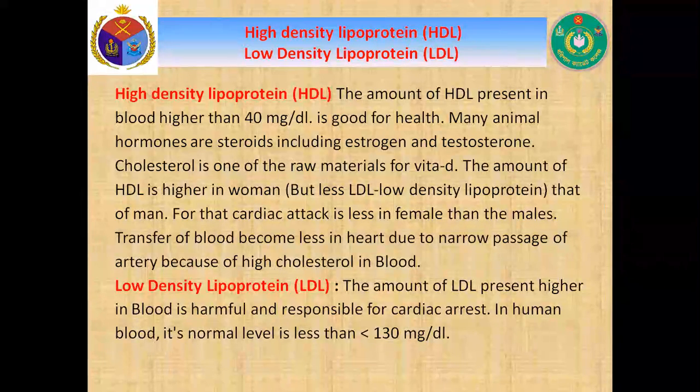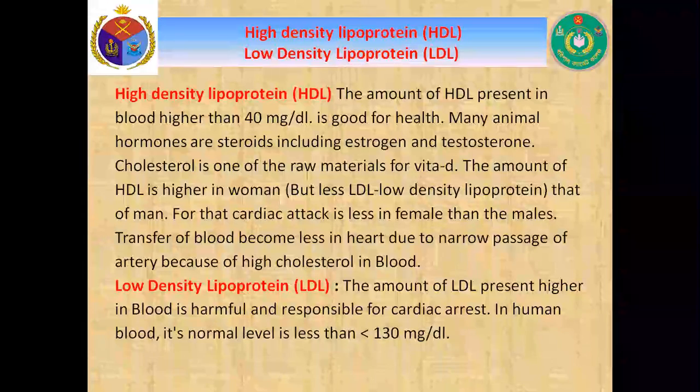Many animal hormones are steroids, including estrogen and testosterone. Cholesterol is one of the raw materials for them.